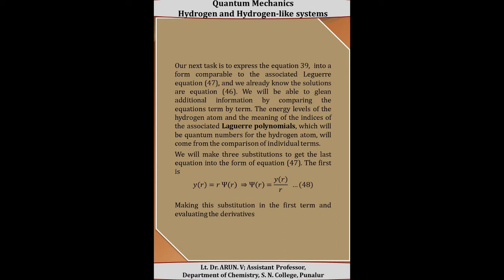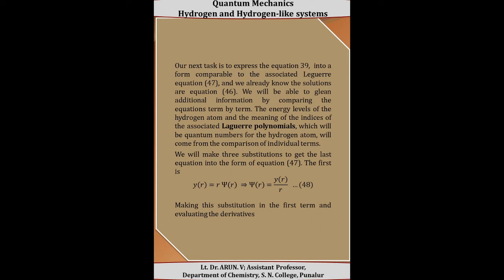The first one is to put a substitution y(r) equal to r psi(r), that gives psi(r) equal to y(r) divided by r.